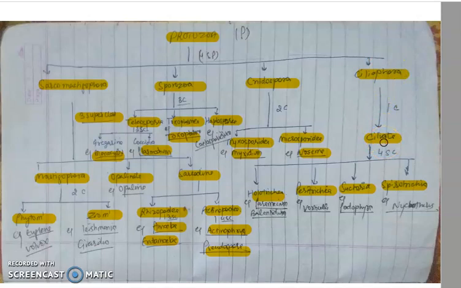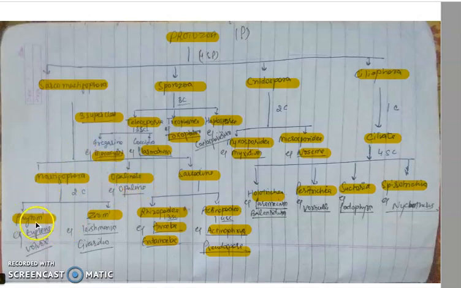So this is a simplified version of the classification of protozoa. Again I'm repeating, protozoa has four subphyla: Sarcomastigophora, Sporozoa, Cnidospora and Ciliophora. Sarcomastigophora has three superclasses: Mastigophora, Opalinata and Sarcodina.